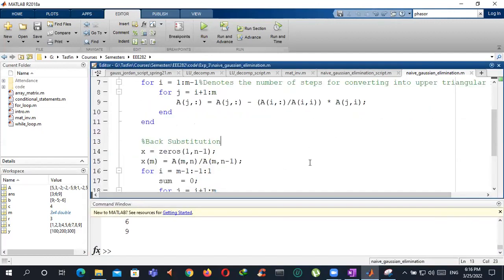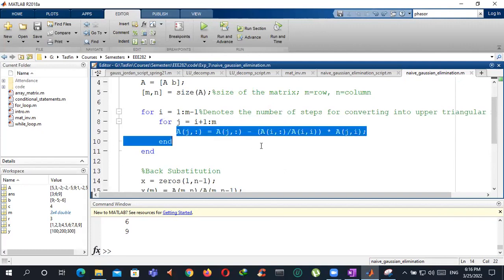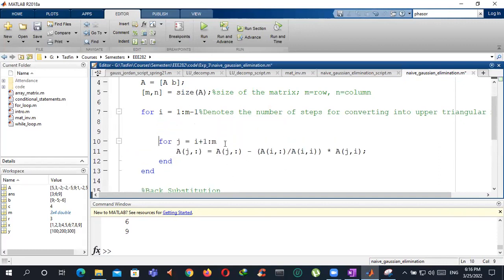By the way, if you want to incorporate pivoting in your code, then you have to incorporate the code before this line, right? Because we don't want to divide by 0 in case of our elimination. So you can incorporate your code here. Your pivoting code might be incorporated here.